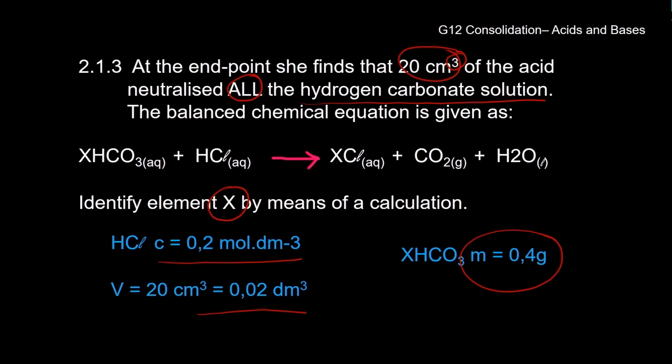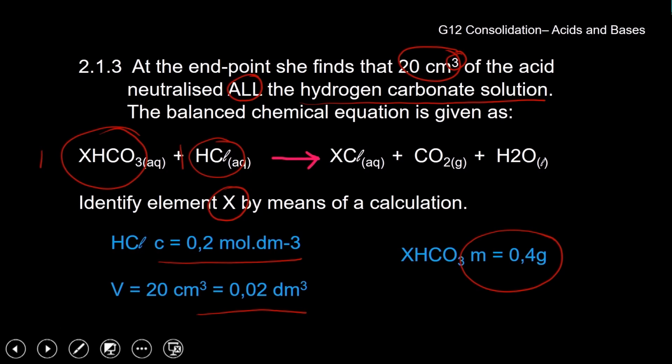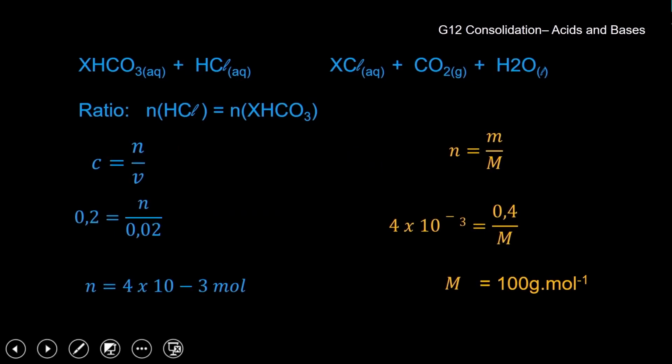So we're reacting the HCl, the acid, with this weak base, and the ratio is 1 to 1. So it means that 1 mole of hydrochloric acid is going to neutralize 1 mole of this basic substance. That's really good for us, this mole ratio.